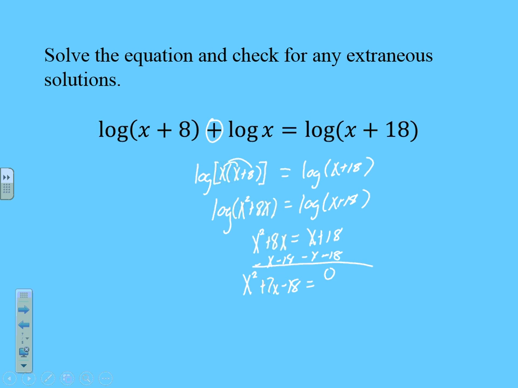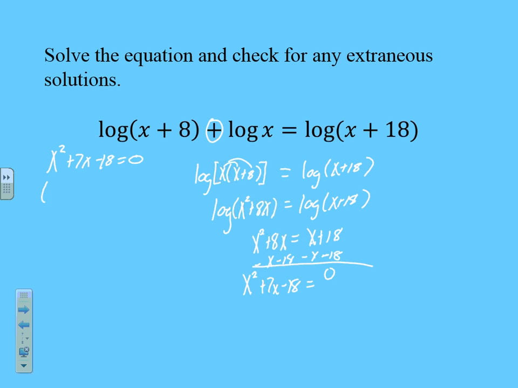And I'm going to move over here to the left side where I have a little bit more room. So we have x squared plus 7x minus 18 is equal to 0.